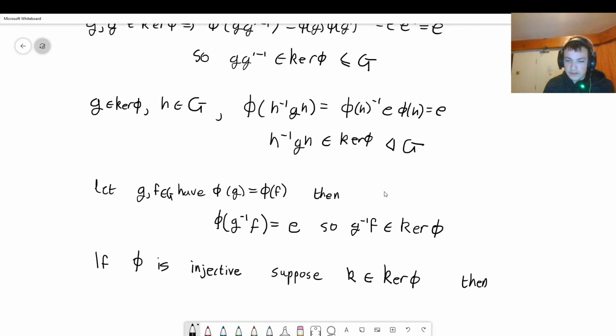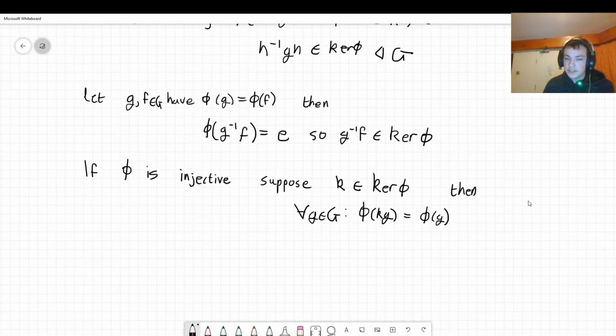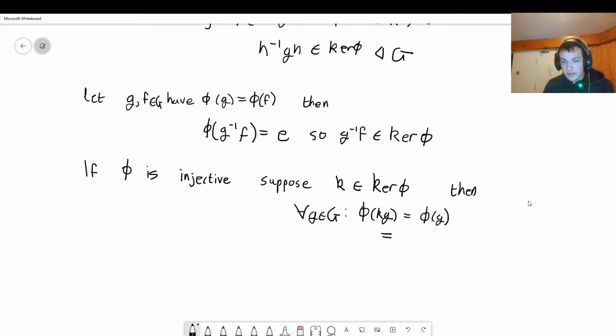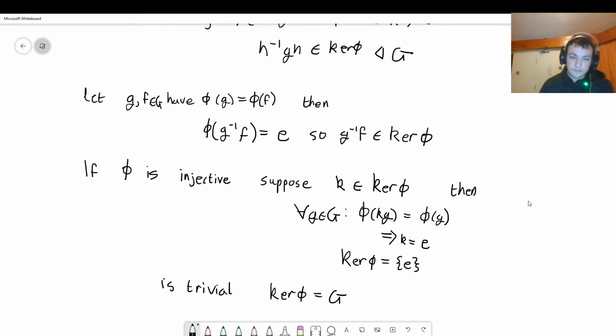Then we have that for all g in G, phi of kg is equal to phi of g, but because phi is an injection, we must then have that k equals the identity, so the kernel of an injective map is just the trivial subgroup. And if phi is trivial, then the kernel is the entire group, because every element is mapped to the identity. Okay.